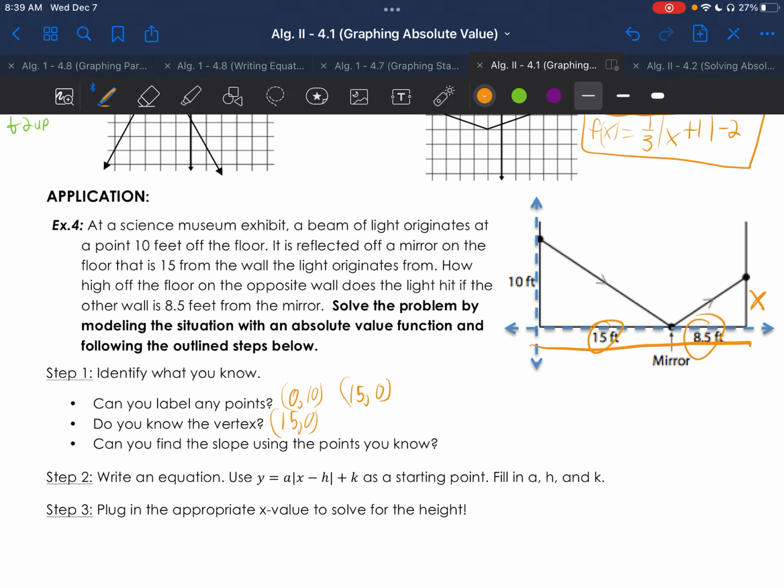And then we want to find all the way over here, so that's 15 plus 8.5, so that's 23.5, comma, whatever that y value is, which we don't know. So actually I'll erase this and say, hey, this is the y value we want to find.